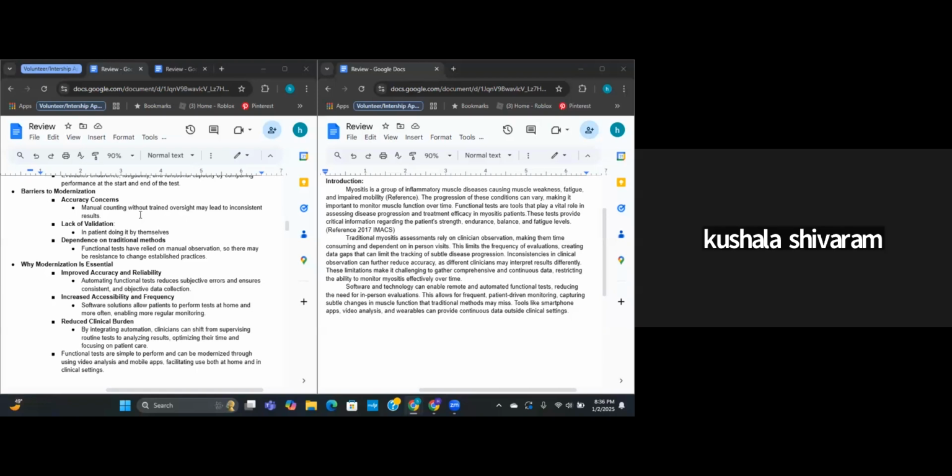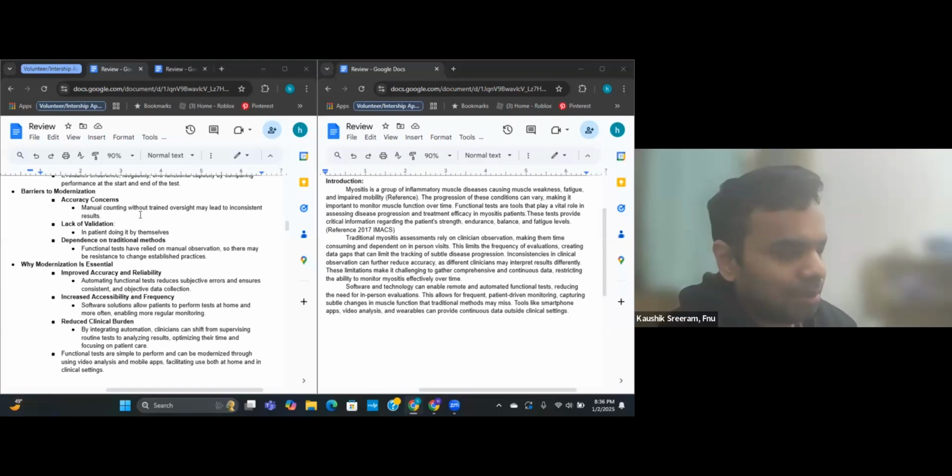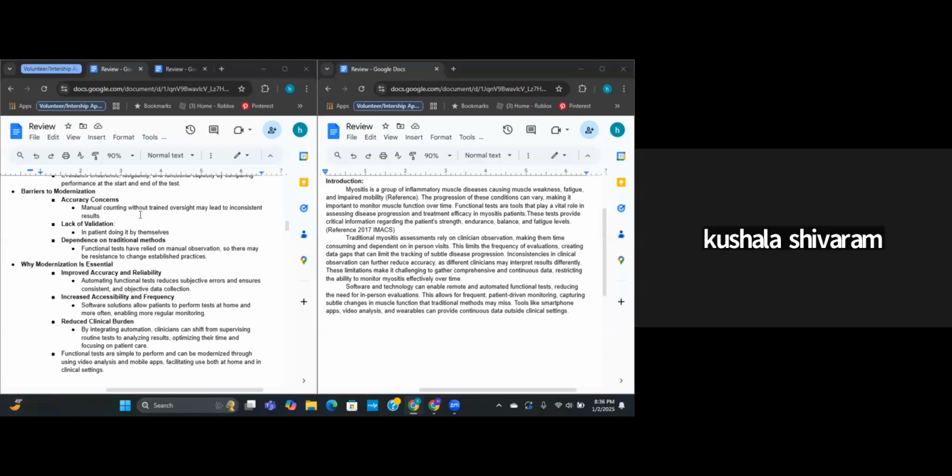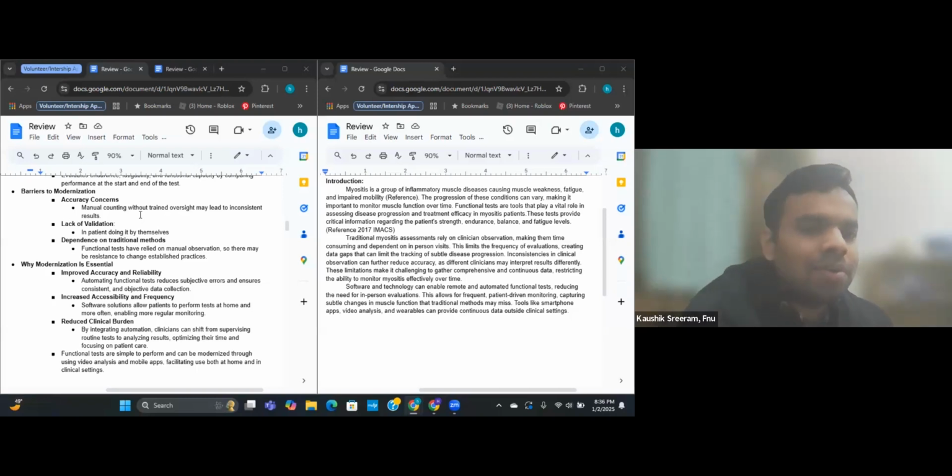Okay. So what we are trying to make an argument is, in myositis, these are the functional tests. There is scope for modernizing these tests, and what are the tests that are functional tests that can be modernized, and how? Showing the argument through other studies and other papers, how they have modernized it. Like 6-minute walk test.